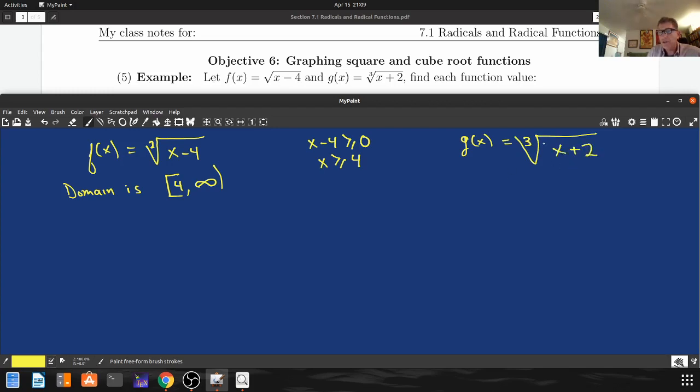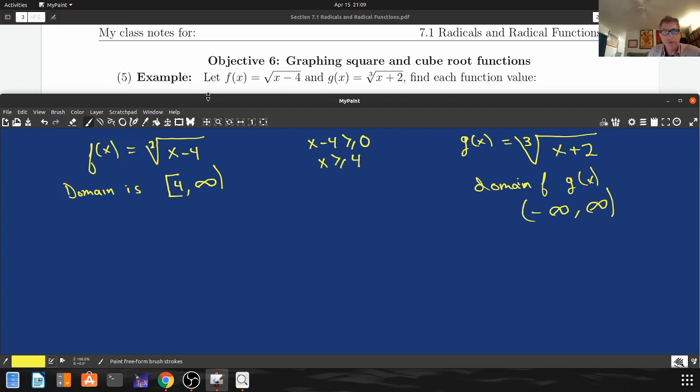But since it's the cube root, the number under the radical can be positive or negative. So the domain of the function g of x is literally all real numbers. And we'll see this when we actually go to plot.